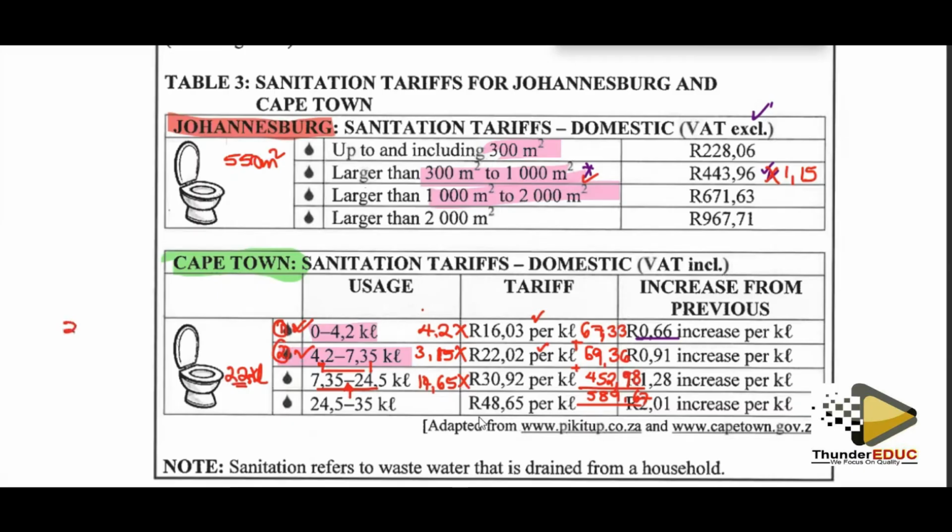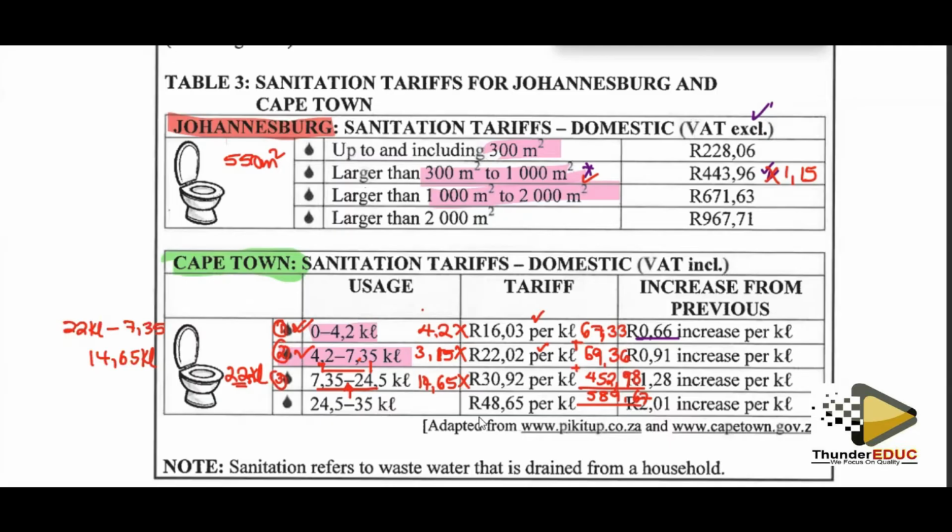We took 22 kiloliters minus 7.35. I end up having 14.65 kiloliters, which is in this bracket number 3. But each kiloliter is how much? 30 rand 92 cents. So I get the amount of water I've used, I multiply by that.